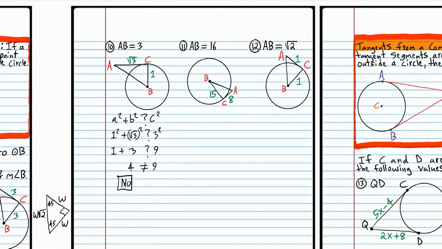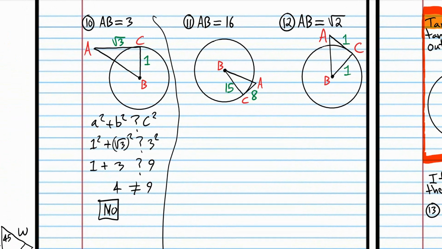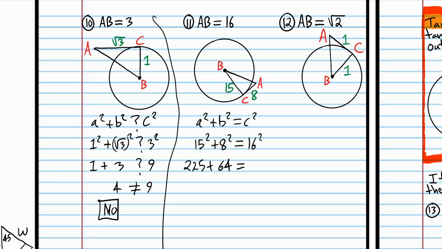All right, on to number 11. Go ahead and try number 11. When you come back, we'll do it together. All right, we're back. A is 15, B is 8, and C is 16. So these are kind of big numbers, so you can use your calculator if you need to. 16 times 16 is 256.